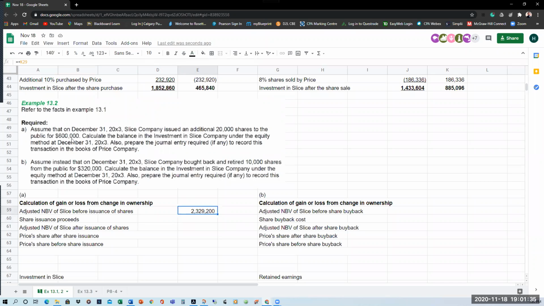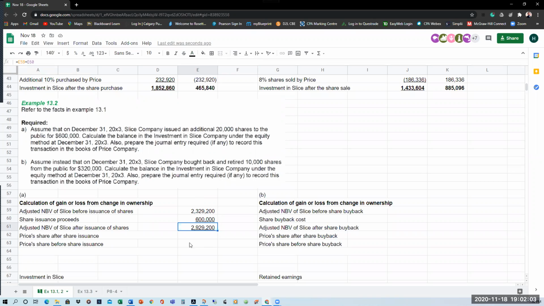Cash goes up and common shares go up. When common shares go up, the net book value of Slice should go up. So it won't stay 2,329,000. With the additional shares issued, the net book value will go up by 600,000 to become 2,929,200.